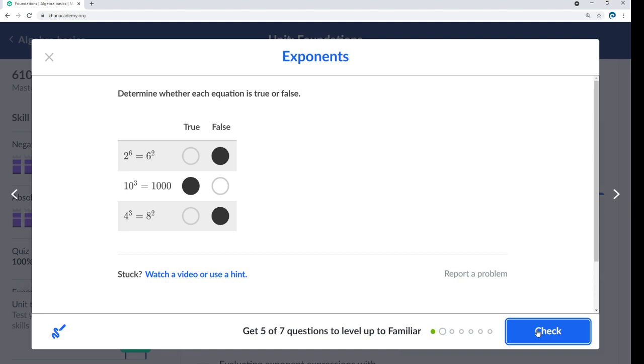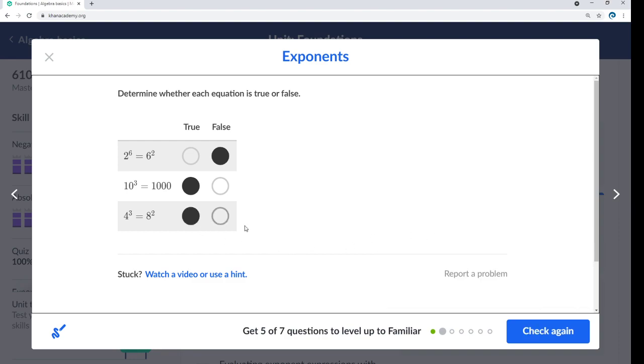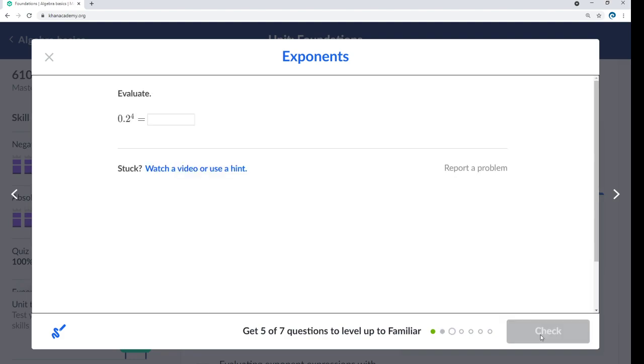I should really get out a calculator and just verify it. Oh, not quite. This is true, isn't it? Yeah. Okay. So 4 to the third power is equal to 8 to the second power. And I'm sure there's some sort of rule that I could have used to quickly check that. All right. Next question.